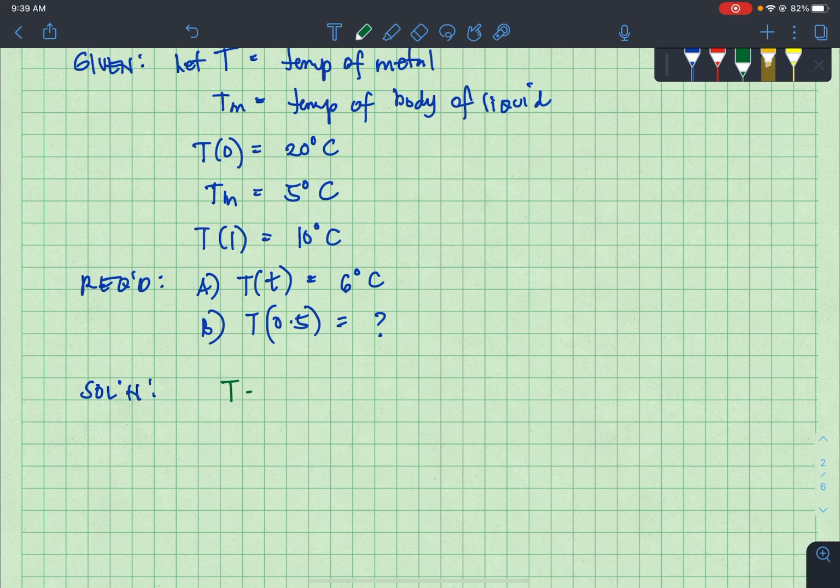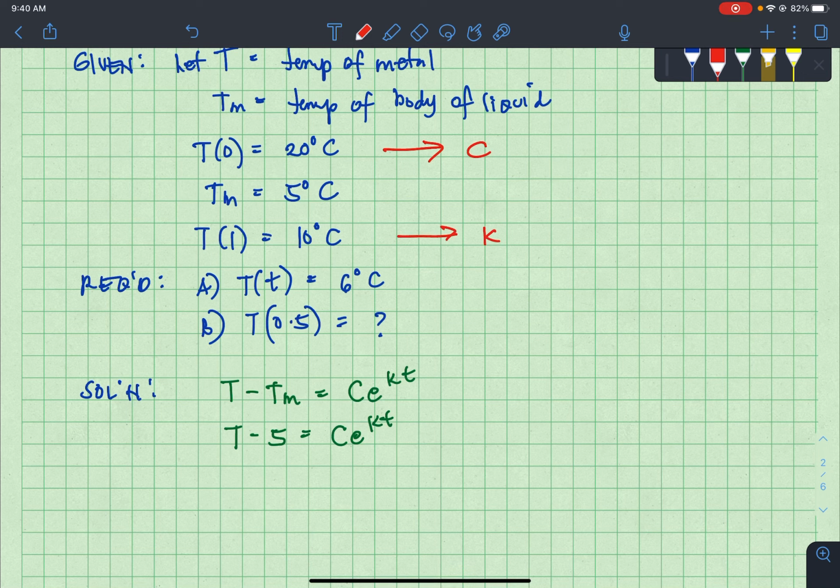We'll be using the formula T minus T sub m equals C e^(kt). Since T sub m is already given, which is 5 degrees Celsius, this is T minus 5 equals C e^(kt). Similar with growth and decay, we can get the value of C from the initial value, and the value of K from the other value. When the time is 0, the temperature of the body is 20 degrees Celsius.